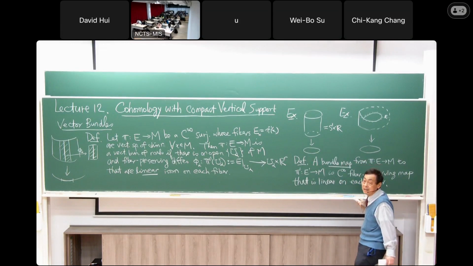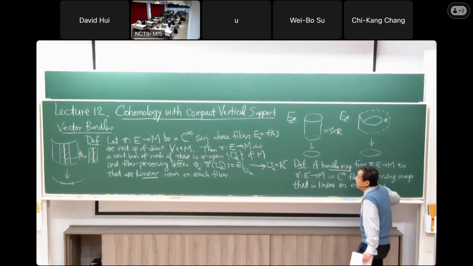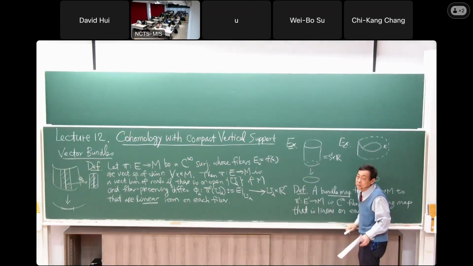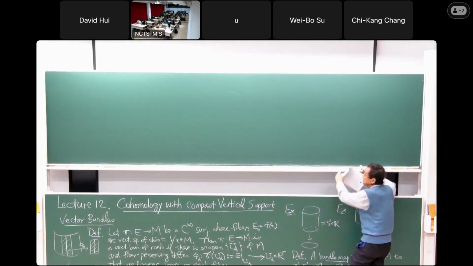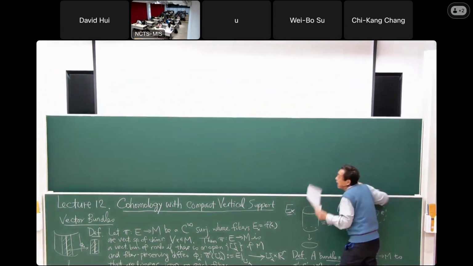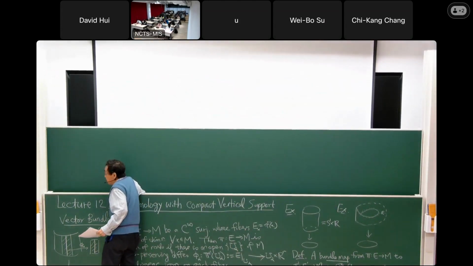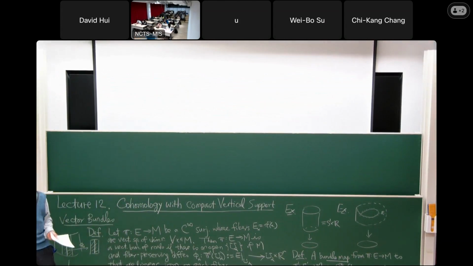Okay. And then if a bundle is isomorphic to a product, then we call it a trivial bundle. Once you have the concept of a morphism, then you have the concept of an isomorphism, right? It's a morphism that has an inverse.